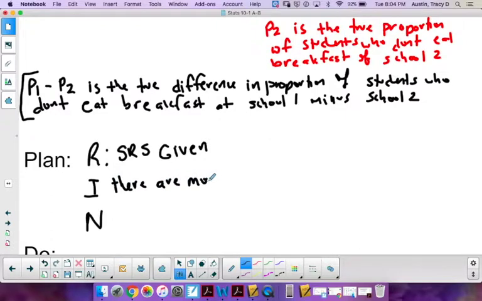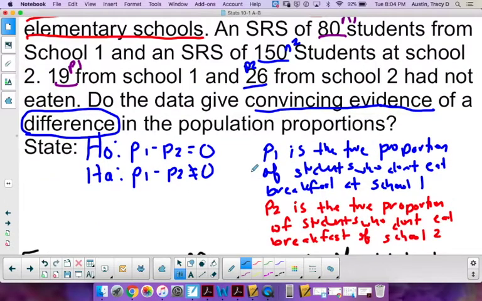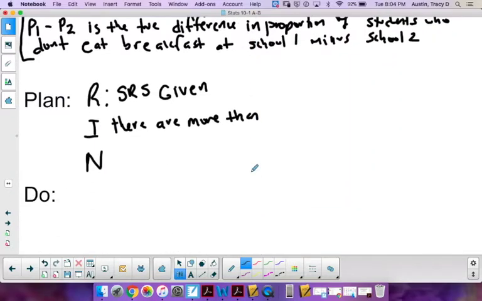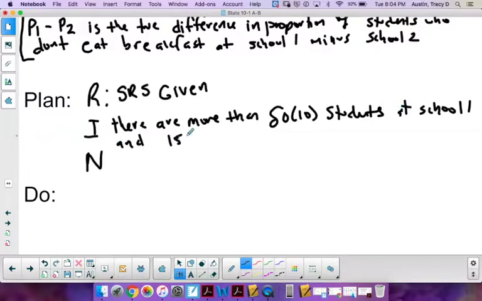There are more than, let's see, 80 times 10 and 150 times 10 students at school 1 and 150 times 10 at school 2.